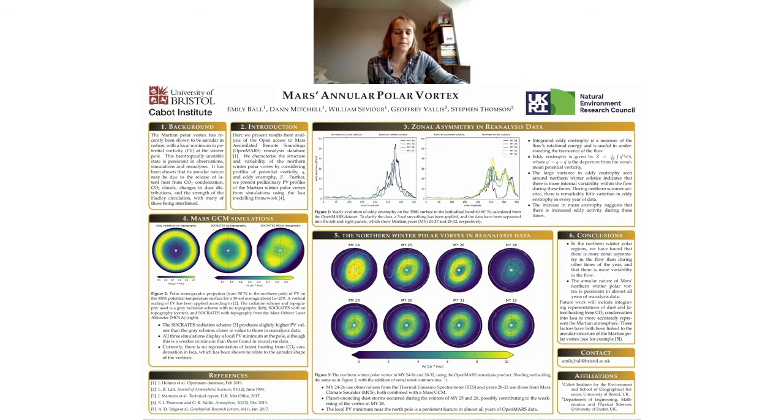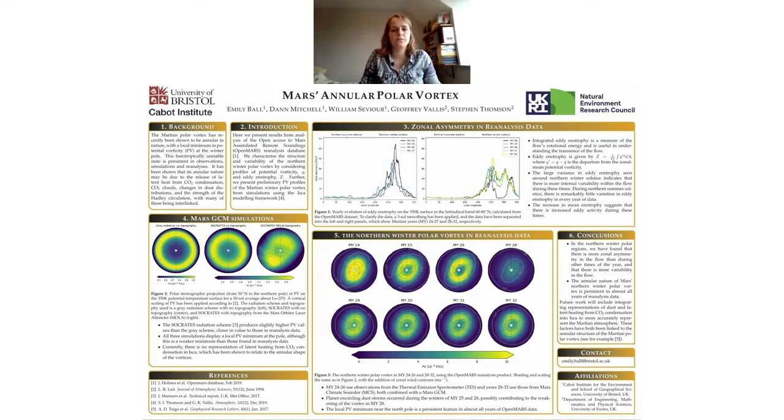If we look at my poster, you can see in section 5 we've got a figure of the polar vortex on Mars, and you can see that the annular structure is remarkably persistent in the reanalysis data. So I'm really interested in looking at the structure and variability of the vortex.